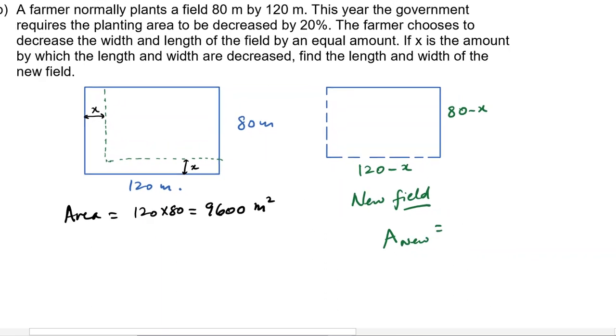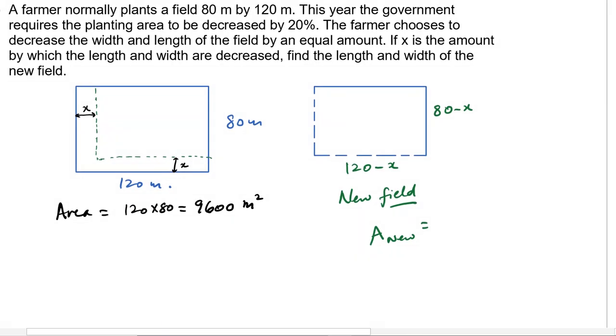This said that it is reduced by 20%. So the new area will be reduced by 20% of the old area. So it would be 80% of the old area. Does that make sense?